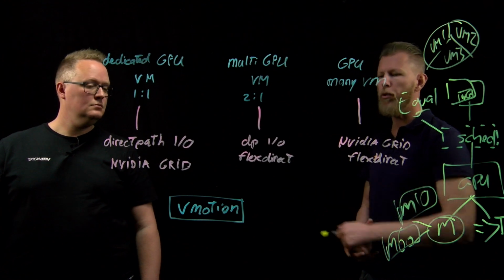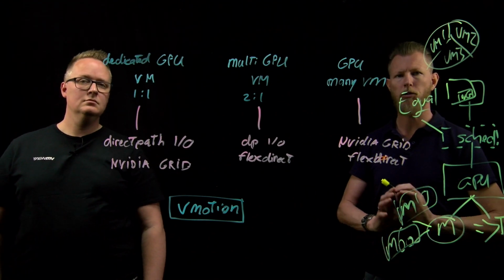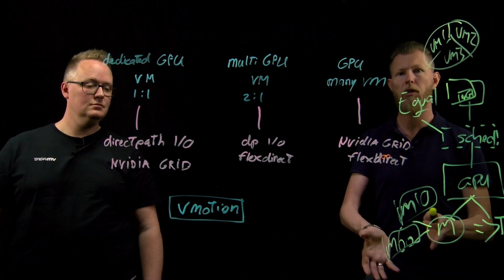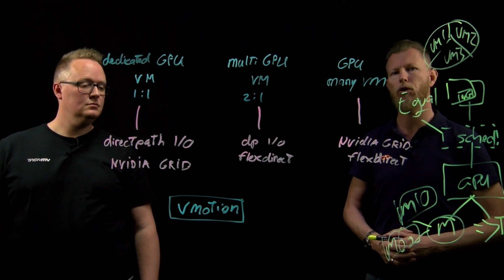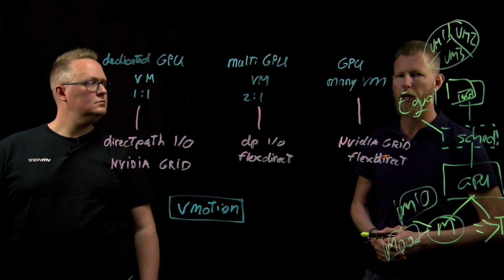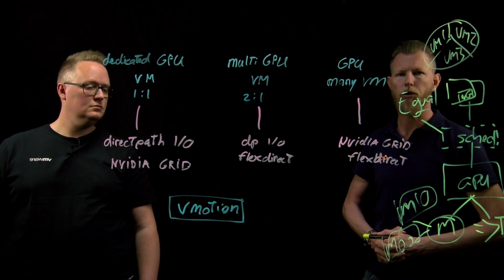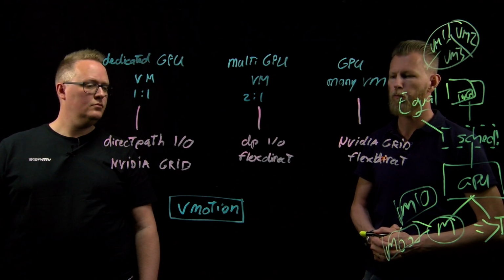So vGPU vMotion is great from a computational perspective, because those data scientists and researchers don't want downtime, and they want to guarantee that their tasks are still running in the weekend or during maintenance windows.